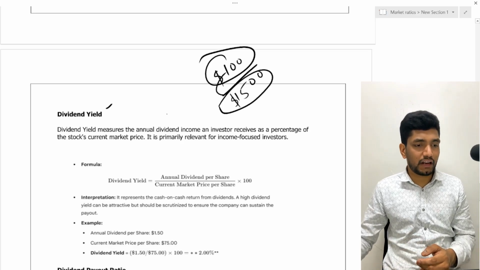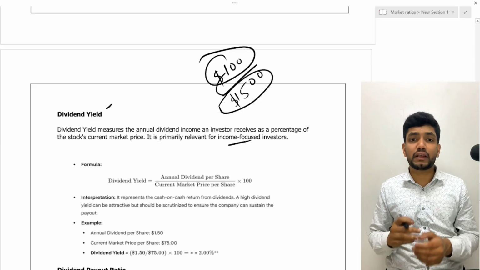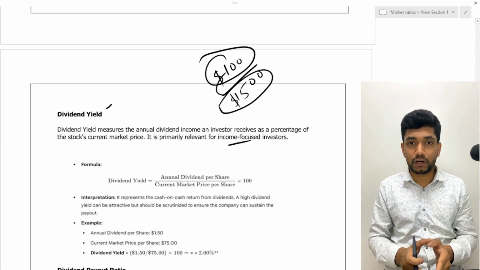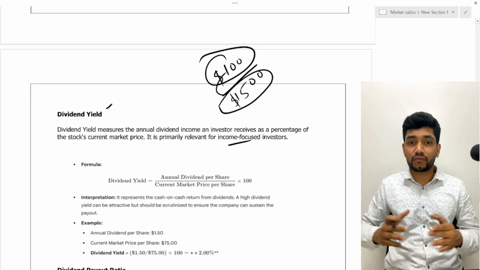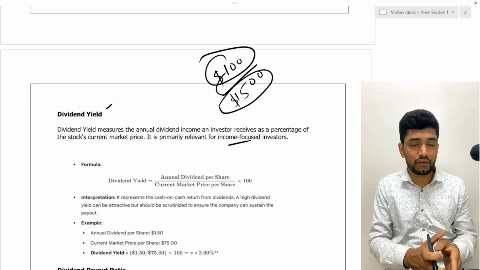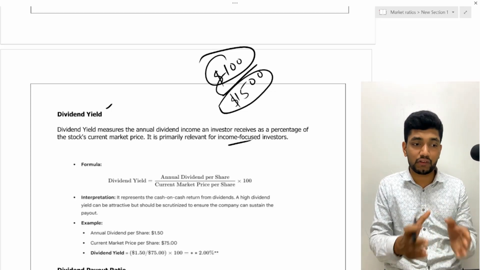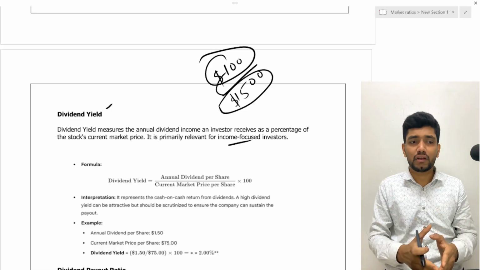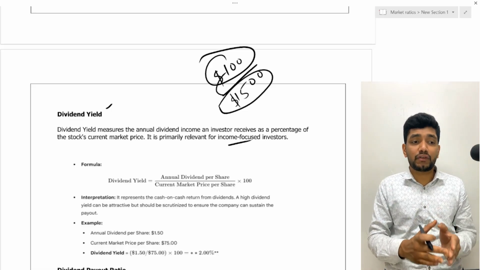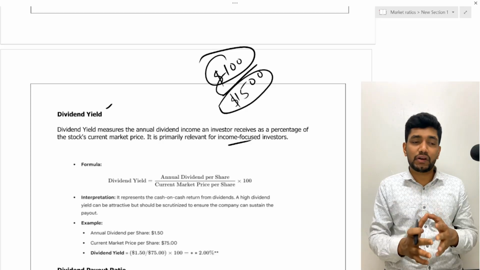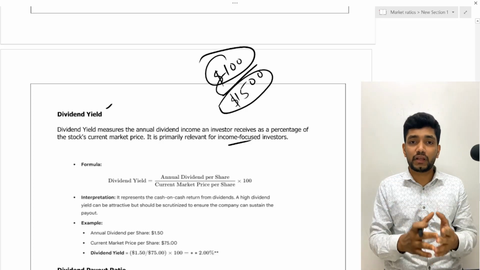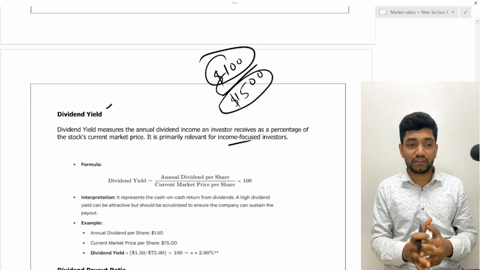Again, it is primarily relevant for income-focused investors. If an investor is solely focusing on dividends, then the dividend yield ratio is very relevant, because dividend is the annual income that the investors can expect from this investment.